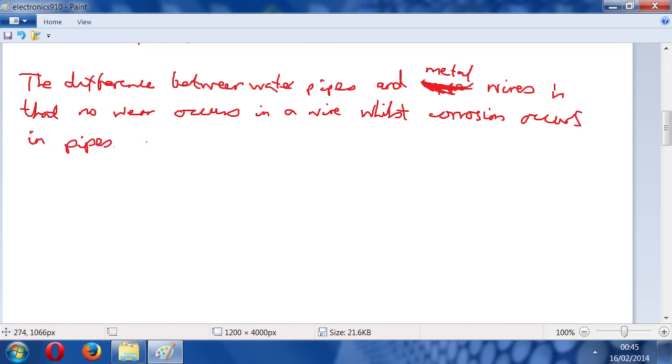Water obviously does a lot of damage. It does damage to everything, really, even rocks on the seafront. So, weathering. It's a bit of a geography thing there.